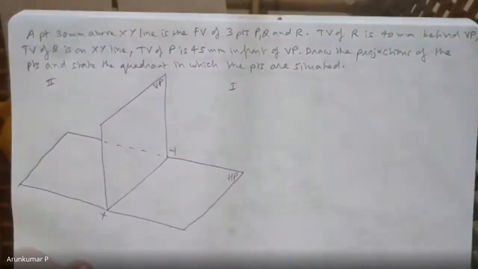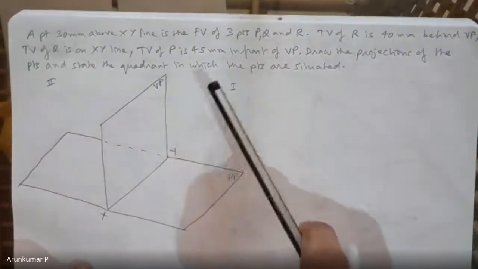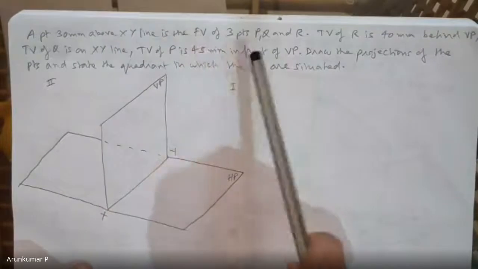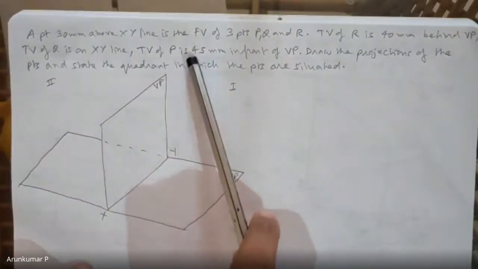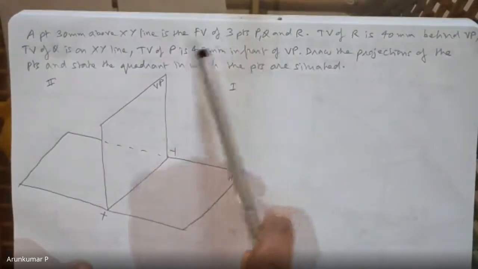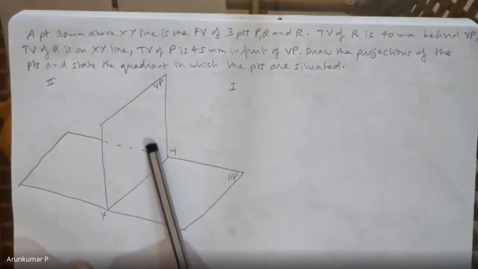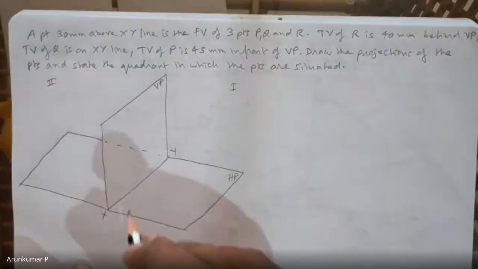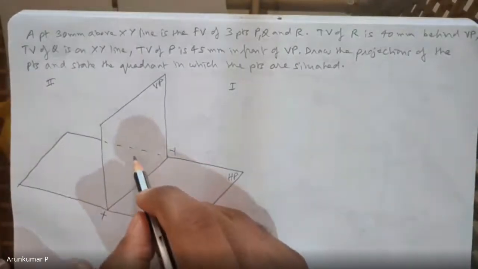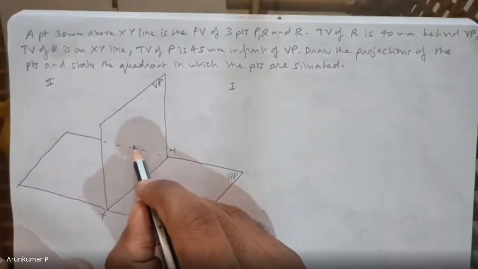So now P is 45 mm in front of VP and its front view is 30 mm above XY line. Okay, so what I'll do is first I'll locate the front view, that is better.